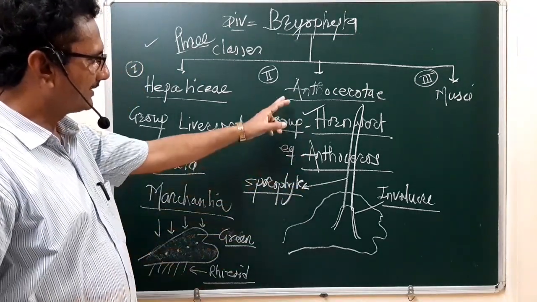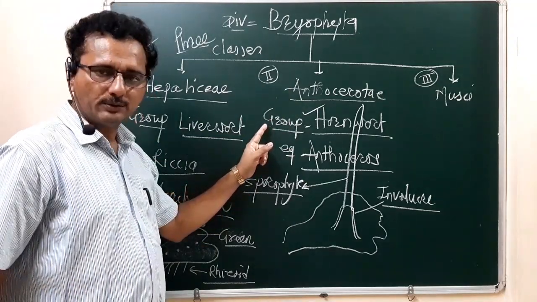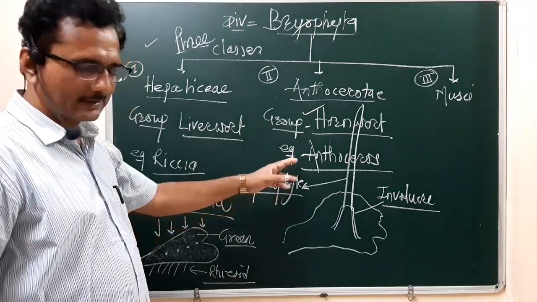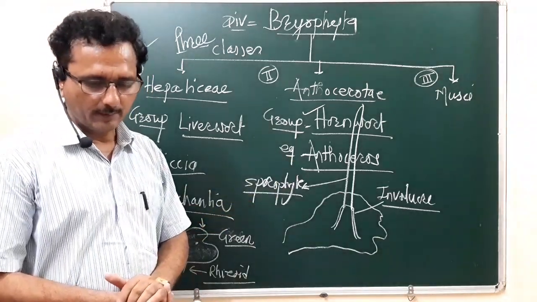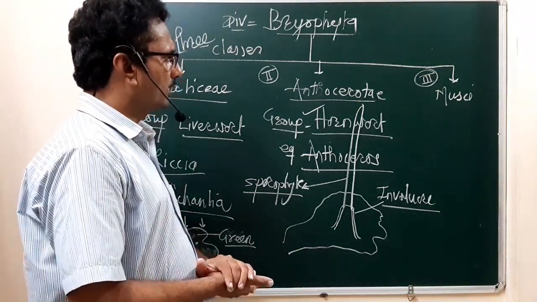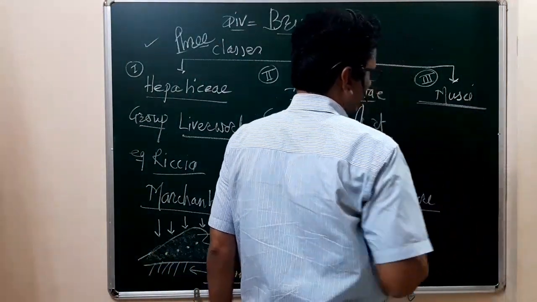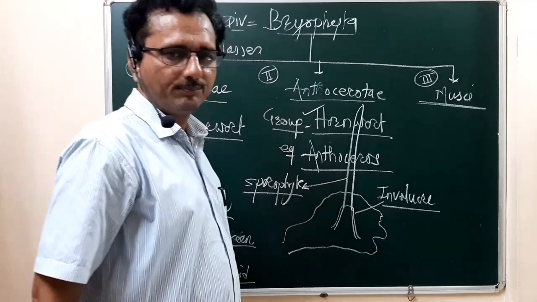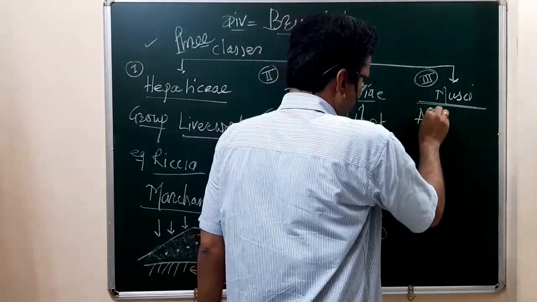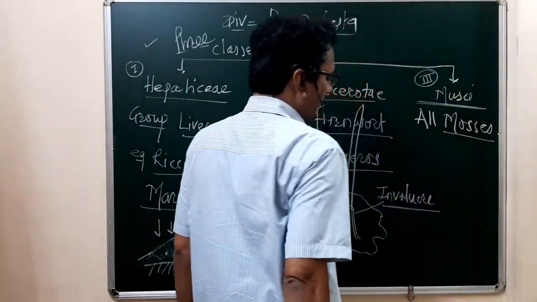So this is class Anthocerotae, in which the hornwort group is included. The best example of the hornwort is Anthoceros. Then the third and most evolved class is the class Musci. Under this, all mosses are included.